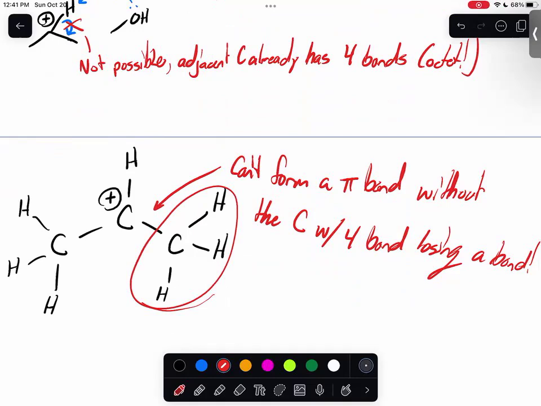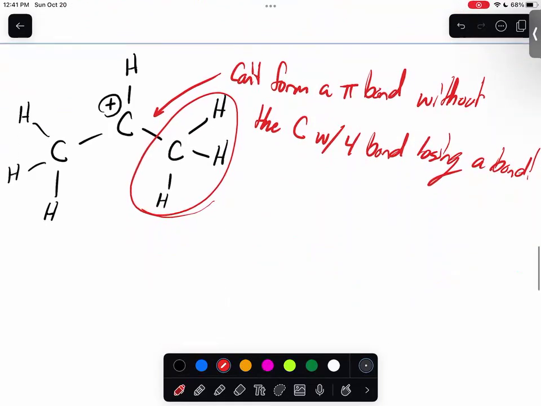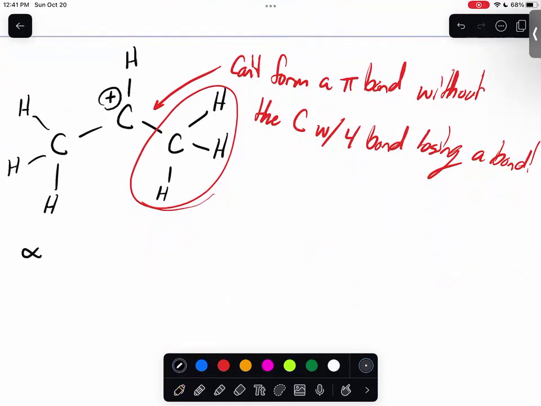All right. And so this brings up this idea of what is called an alpha carbon, right? This is the Greek alpha that we're looking at. What it's saying is that this is always the carbon adjacent to a functional group of interest.